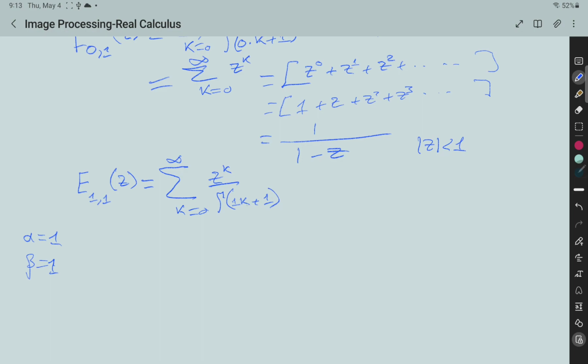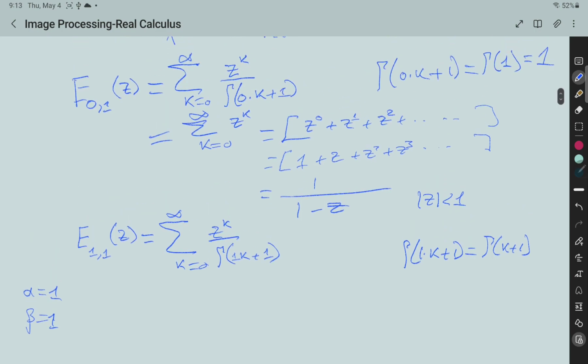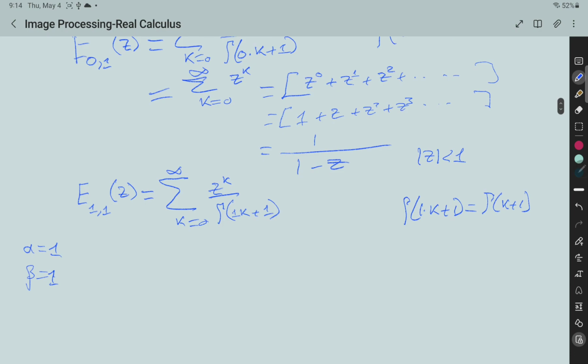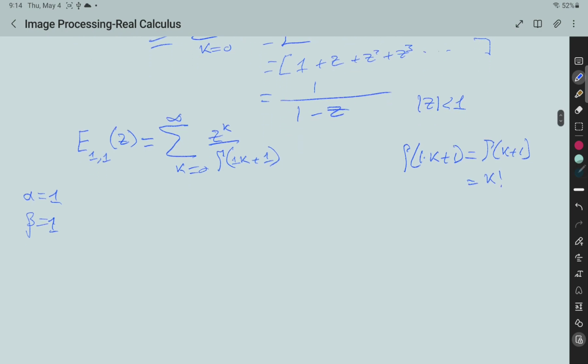So gamma of 1 times k plus 1 is the same thing as gamma of k plus 1. And by the property of the gamma function, gamma of n plus 1 is equal to n factorial. So in this case, it's going to be equal to k factorial.